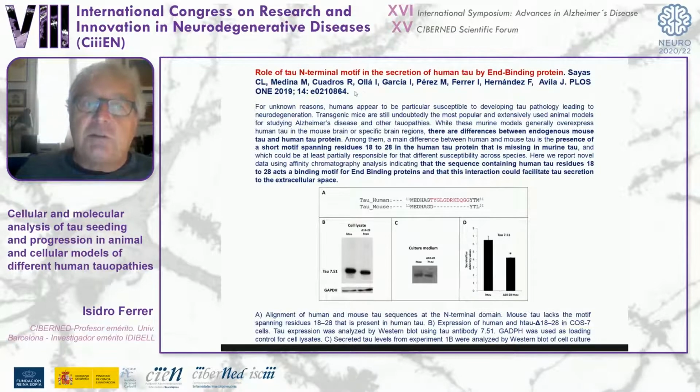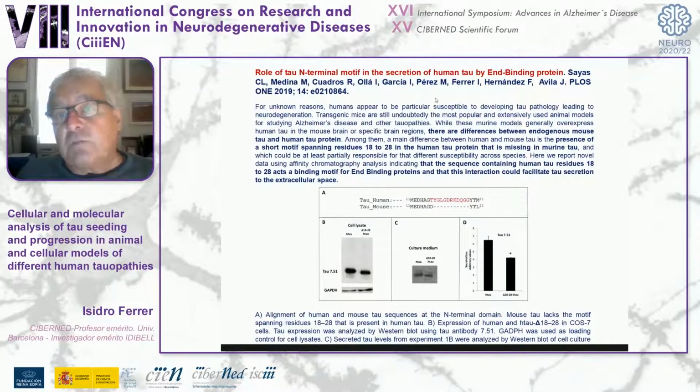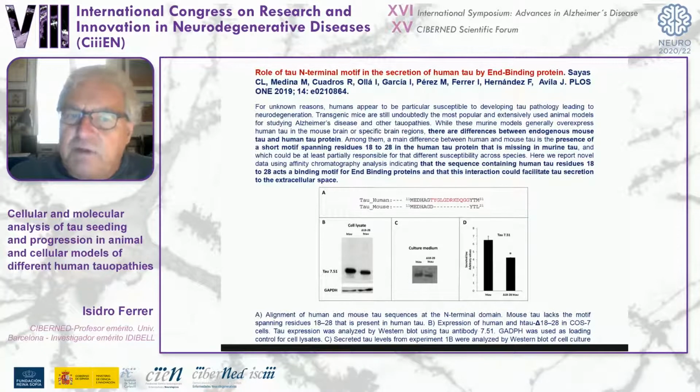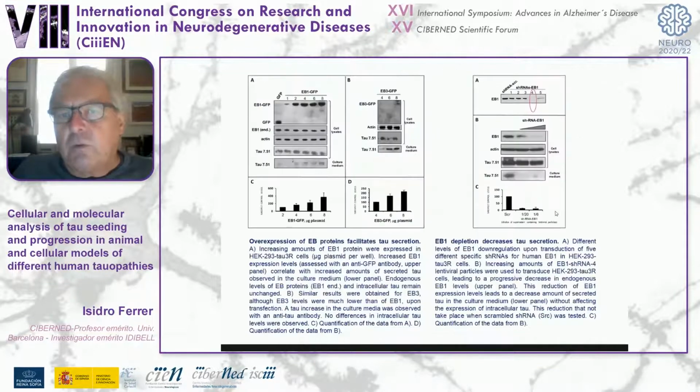This tau N-terminal region is also important because it is an EB-binding protein site. So regarding the possibility of interaction with other proteins and the capacity of aggregation of tau, it is important to know that murine tau is not the same as human tau.